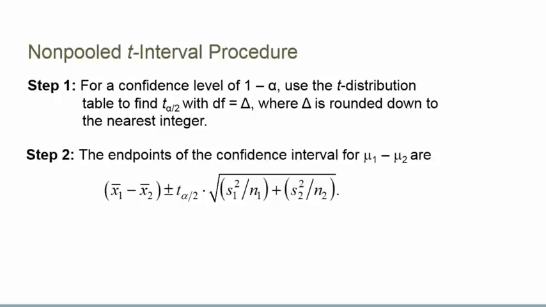The endpoints of the confidence interval for mu sub 1 minus mu sub 2 are (x bar sub 1 minus x bar sub 2) plus or minus t sub alpha divided by 2 times the square root of s sub 1 squared divided by n sub 1 plus s sub 2 squared divided by n sub 2. Step 3. Interpret the confidence interval.